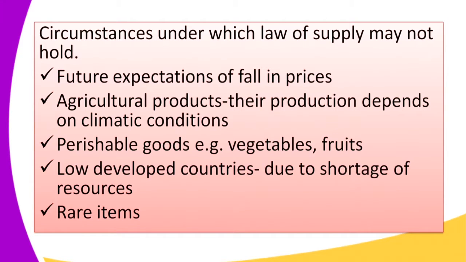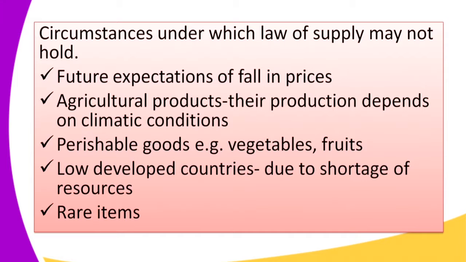If you expect the prices are going to decrease further in future, more is supplied. So in that case, when more is supplied, that means supply is increasing. But it is increasing not because the prices have increased. No. So that one goes against the law of supply.